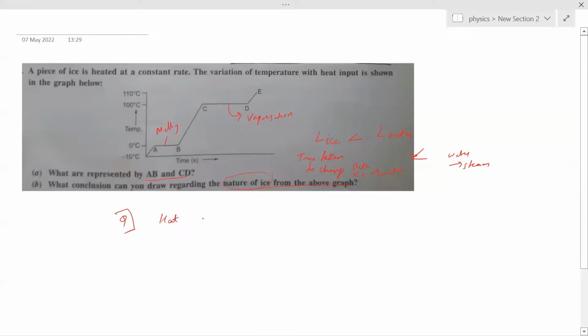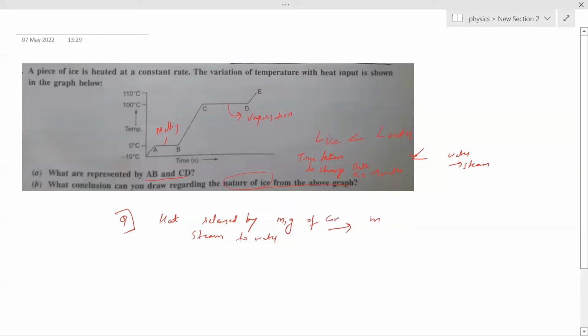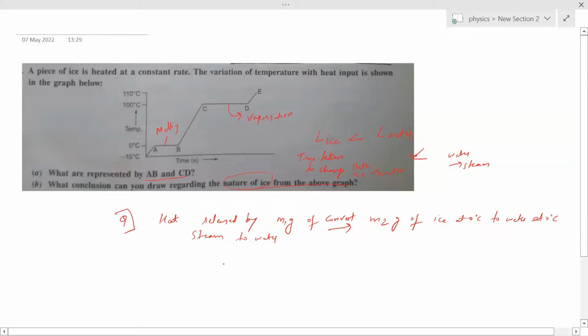Heat released by m1 gram of steam to water is used to convert m2 gram of ice at 0 to water at 0. So what will be the ratio of m1 to m2?